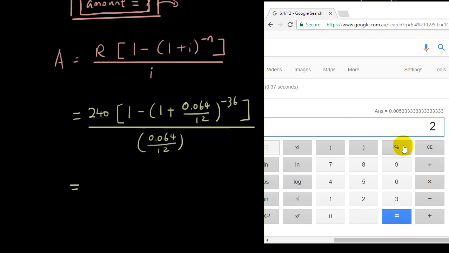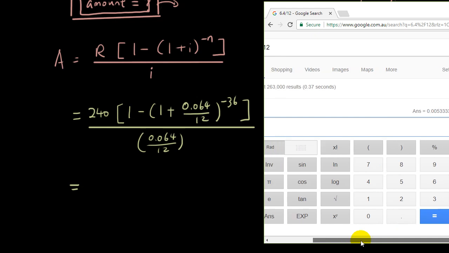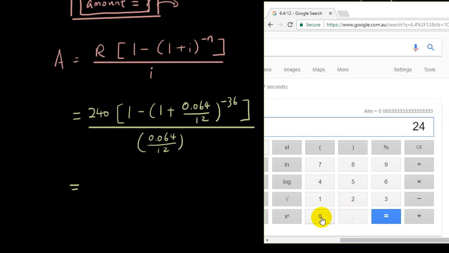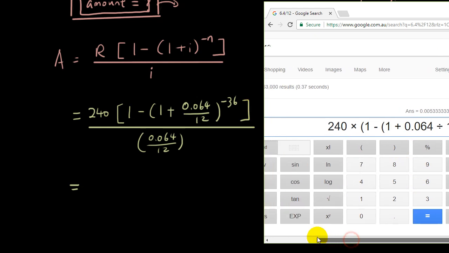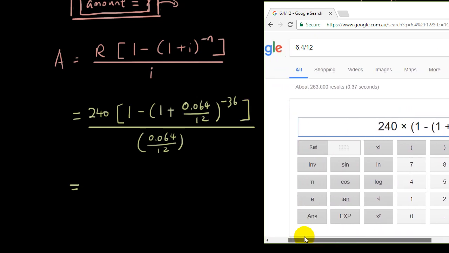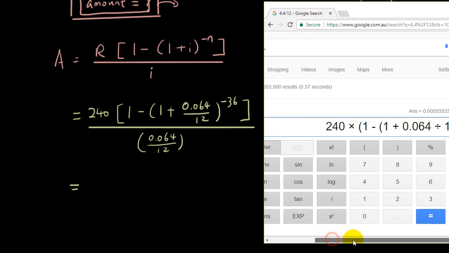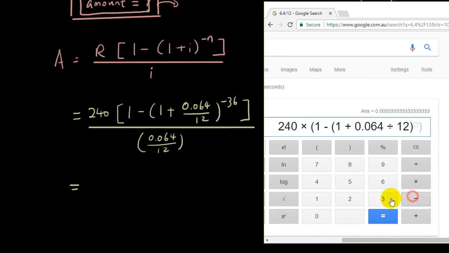So I'll show you guys how to type it in. So let's just clear it all. And let's go to 240 times bracket 1 minus bracket 1 plus 0.064 divided by 12, another bracket to the power of, to the power of is this button here, negative 36.